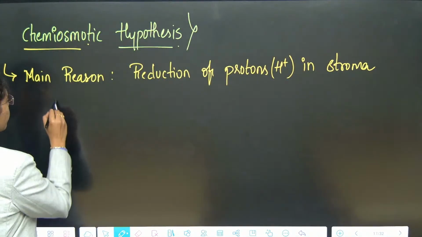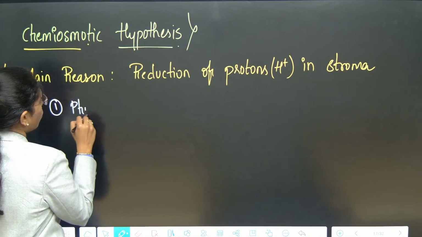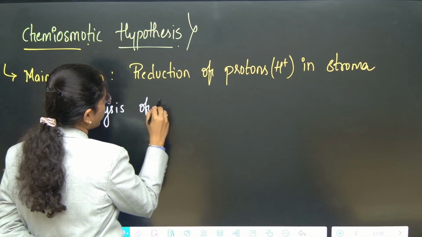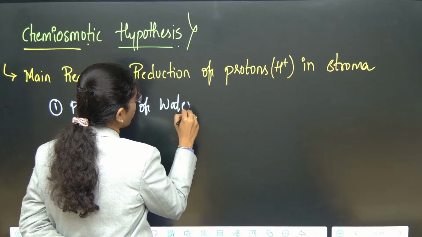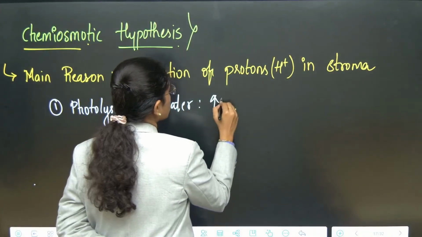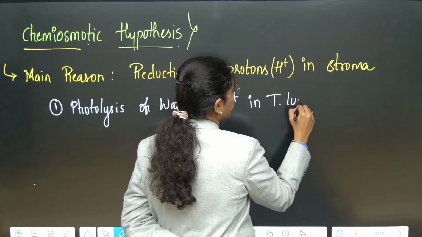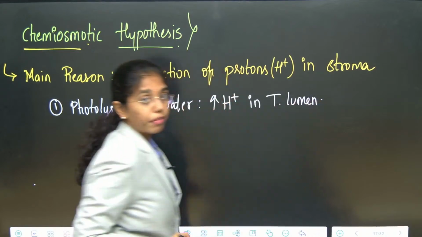First is photolysis of water, which increases protons in the thylakoid lumen. Fine, right.